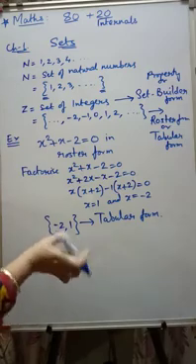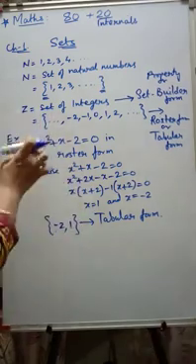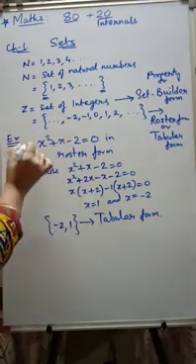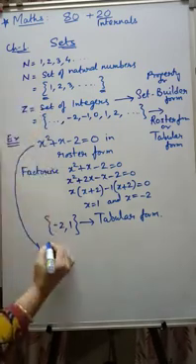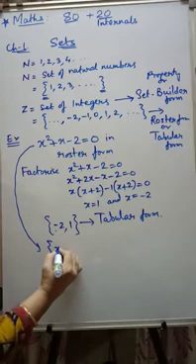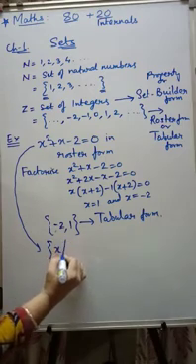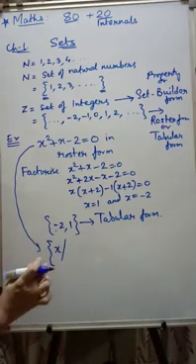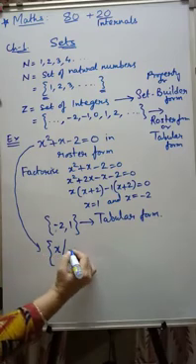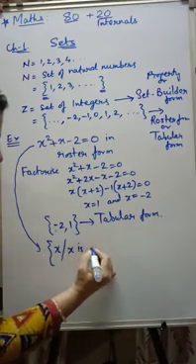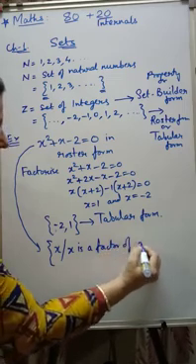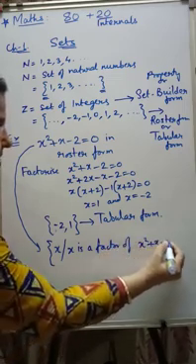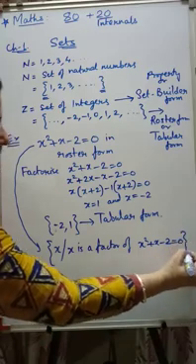And when I want to write in property method, that is set builder form, I need to write x such that x is a factor of x squared plus x minus 2 is equal to 0.